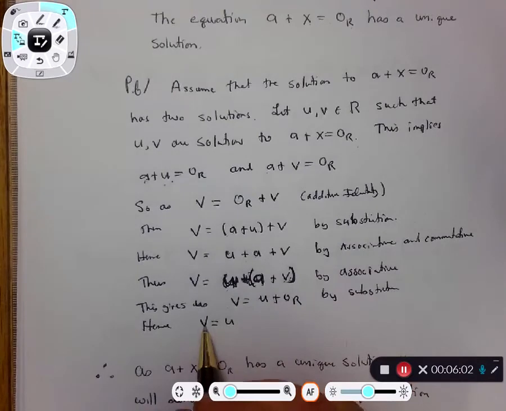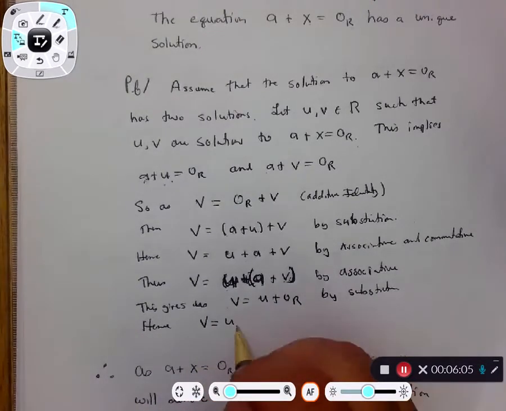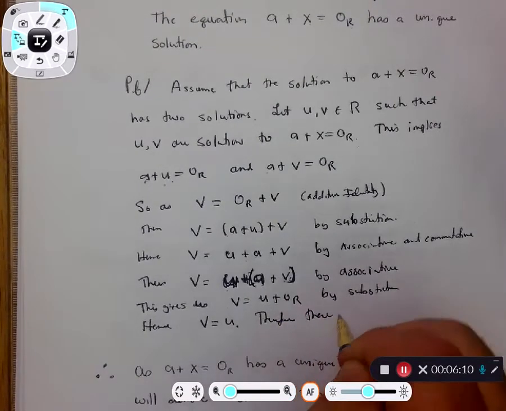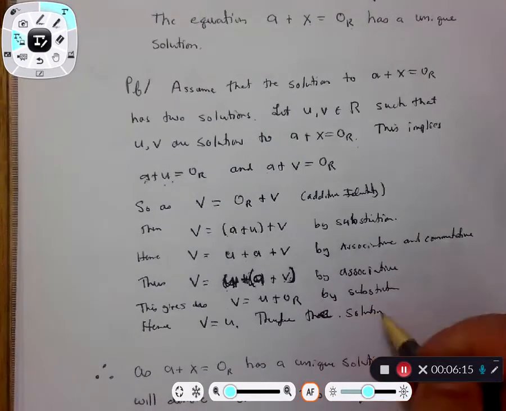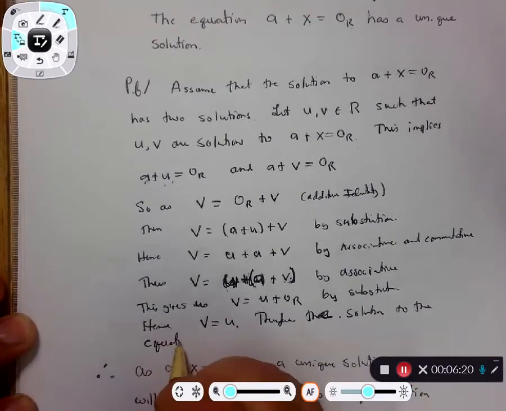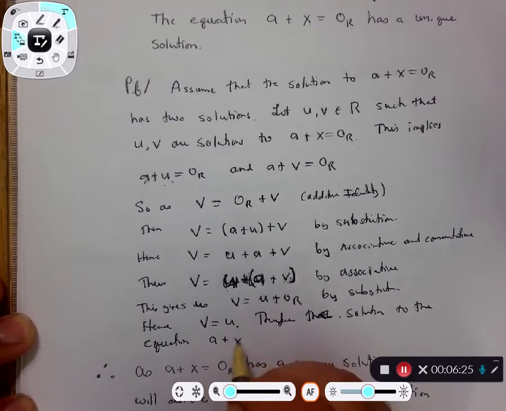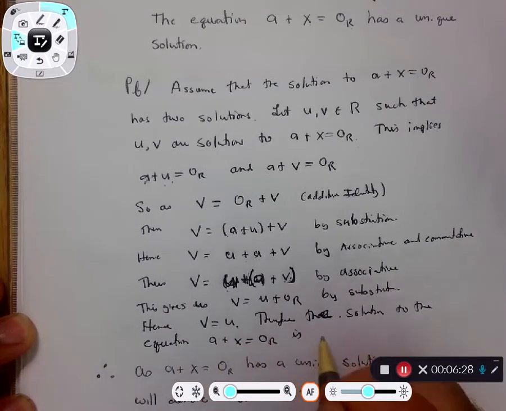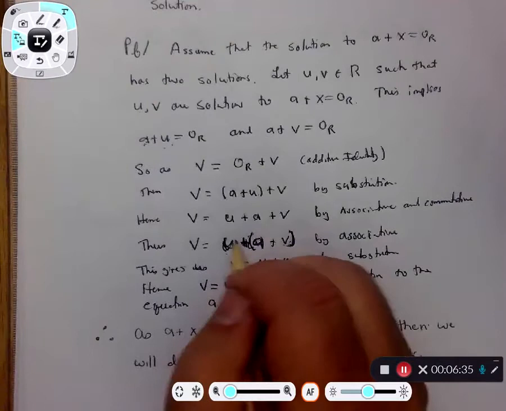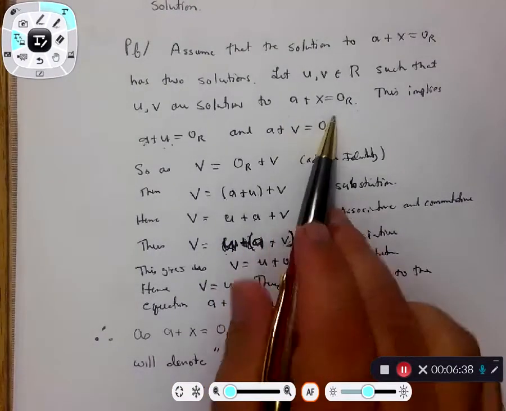You end up getting V equals U. Therefore, put in English, the solution to the equation A plus X equals 0 in R is unique. That's what we're after. There's only one solution to this particular equation.